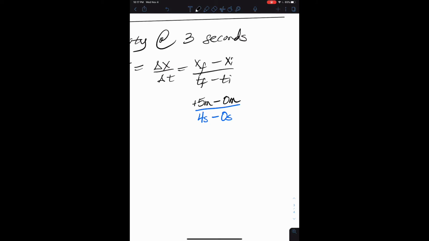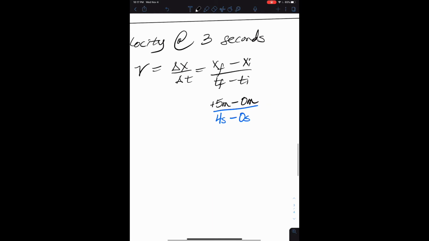All right, so anyways, we have our velocity is equal to 5 meters divided by 4 seconds, which is equal to, well, 4 goes into 5 one time, and there's 1/4 left over, so we could say 1 1/4, or we could say 1.25 meters per second.